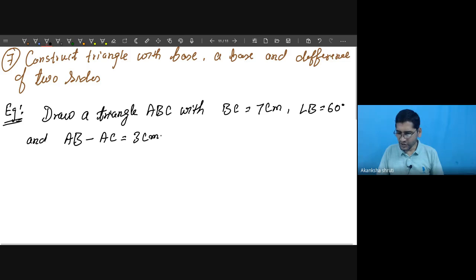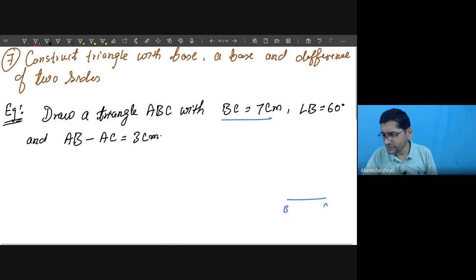So what we have to do? The same thing that we have done in the last question. But here we should be careful about which length is greater. For that, if we draw a rough diagram of the triangle we want to draw, it will be something like this. The BC should be our 7 centimeter.